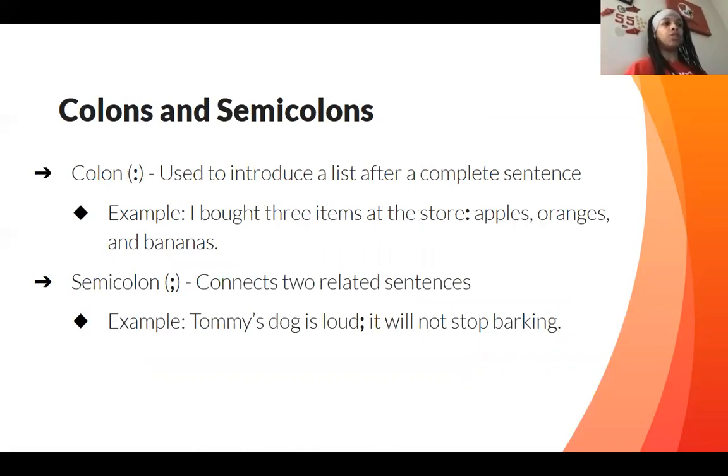A colon is used to introduce a list after a complete sentence. For example, I bought 3 items at the store: apples, oranges, and bananas. And then a semicolon connects 2 related sentences. As an example, Tommy's dog is loud; it would not stop barking.